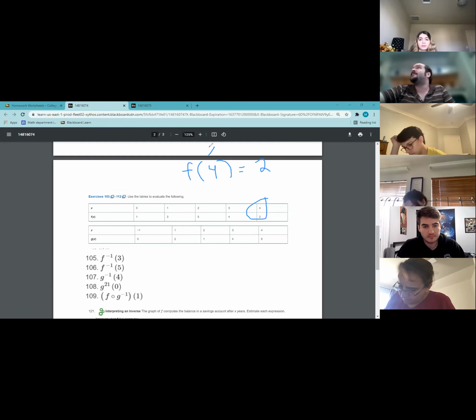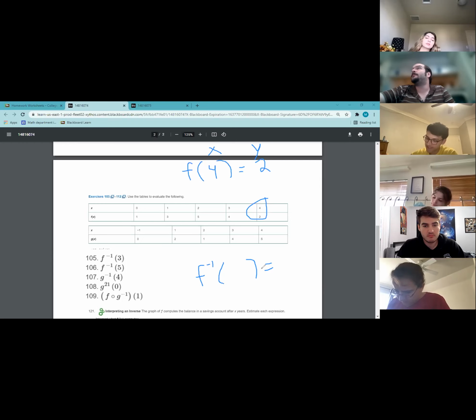So this represents my x, this represents my y. So if I want to do f inverse and I want to represent the same property, what number am I putting inside of this thing? Would it be 2? Yeah, so I got to swap them. So f inverse of 2 would be what? 4.